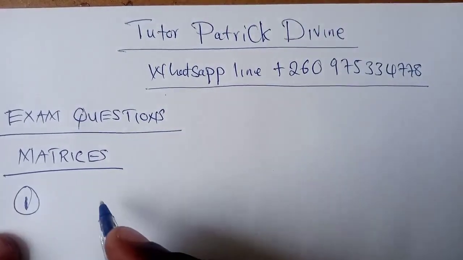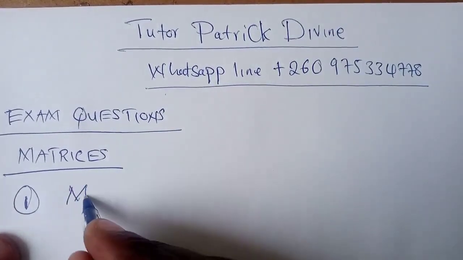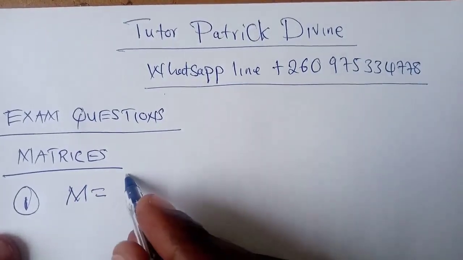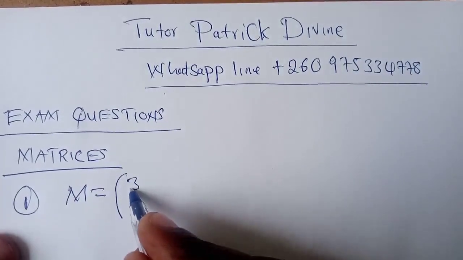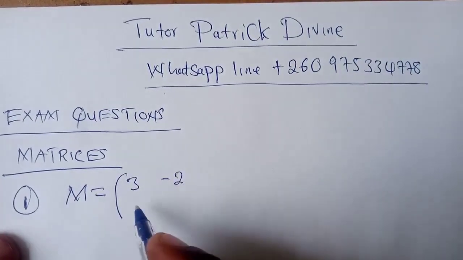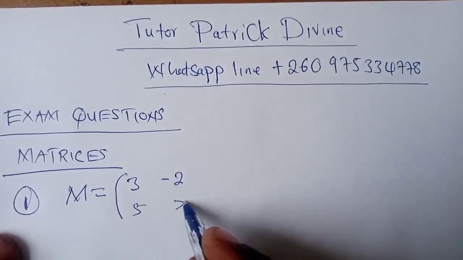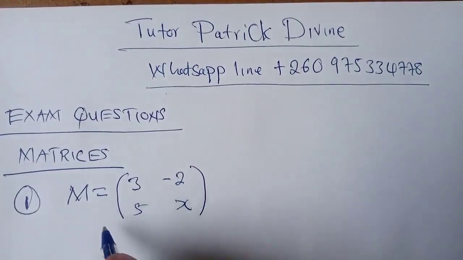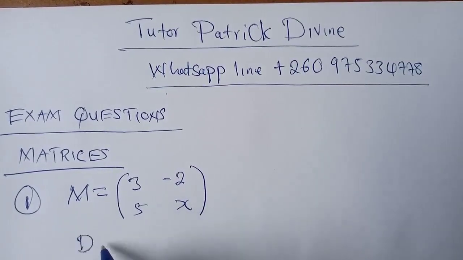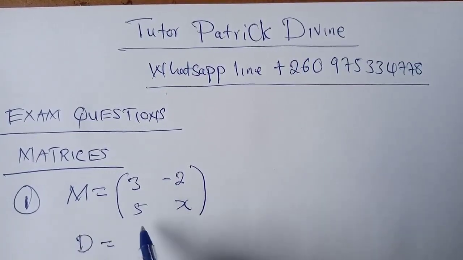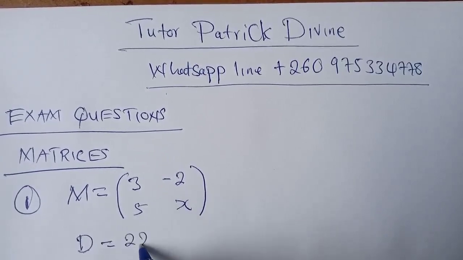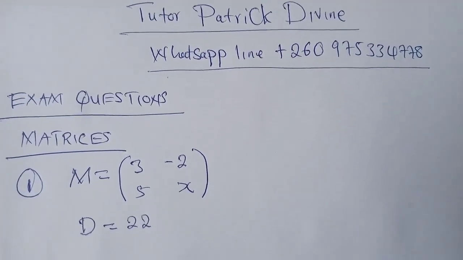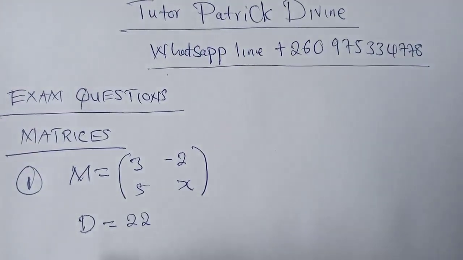The matrix M is equal to 3, -2, 5, X. And they are saying that the determinant, which is D, they have already found it, is 22. Now they're asking you to find the value of X.